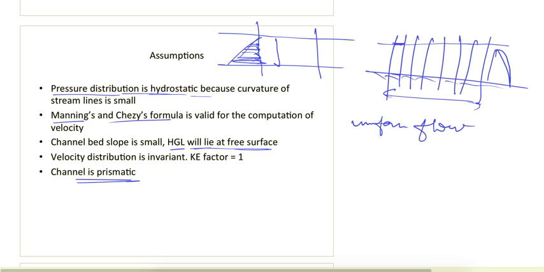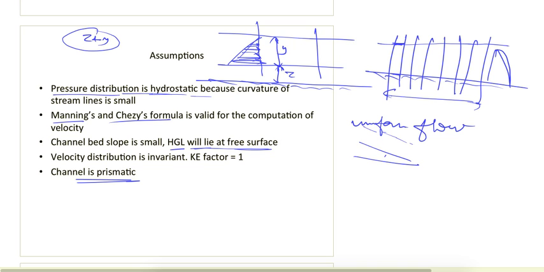Channel bed is small, so the hydraulic gradient line will remain at the free surface. So if the channel bed is horizontal and we are taking the hydraulic gradient line from some datum z, it comes out to be z plus y. But if I increase the slope like this, and the depth is y, the vertical component will be y cos theta.